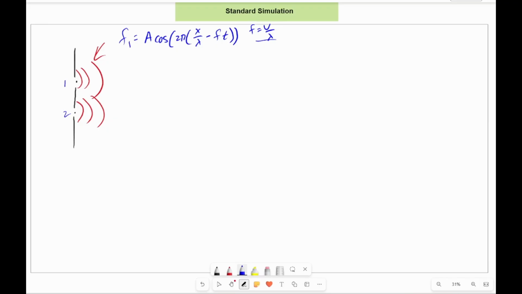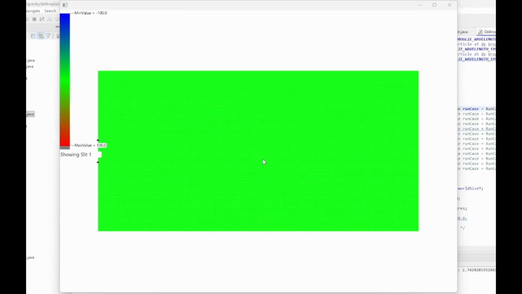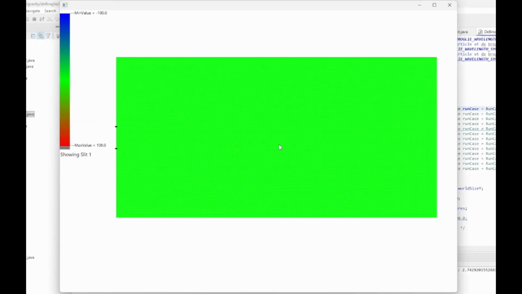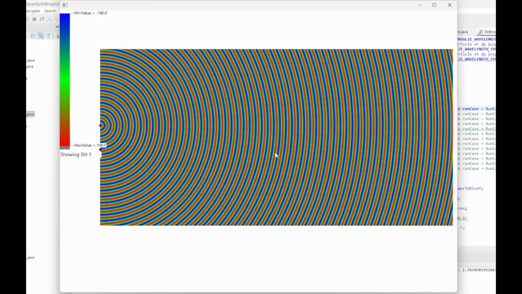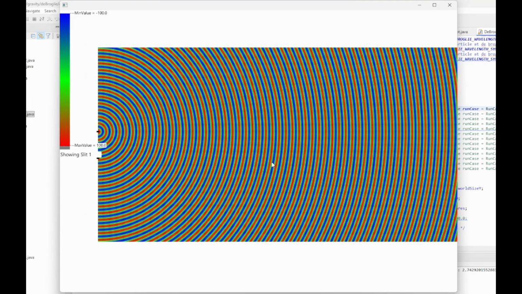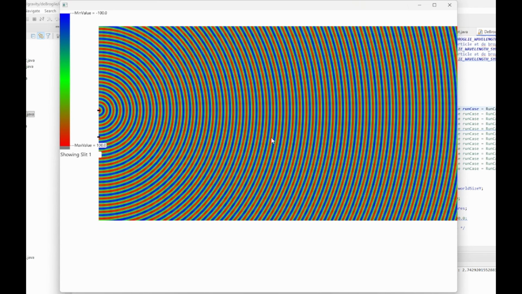And then if you just sum the contribution of those, you get this nice interference pattern, which I can show you really quick. So let's look at that. Okay, so here is just a little simulation using the equation.